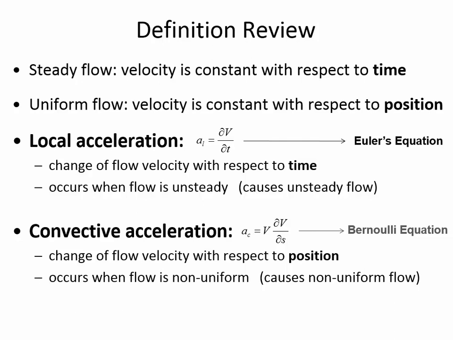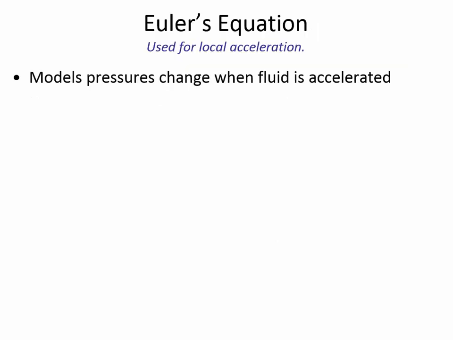We call that a convective acceleration. So us saying that it's convective acceleration isn't what changes the velocity, but it's the physical conditions that are in this case non-uniform, and it's also a convective acceleration.